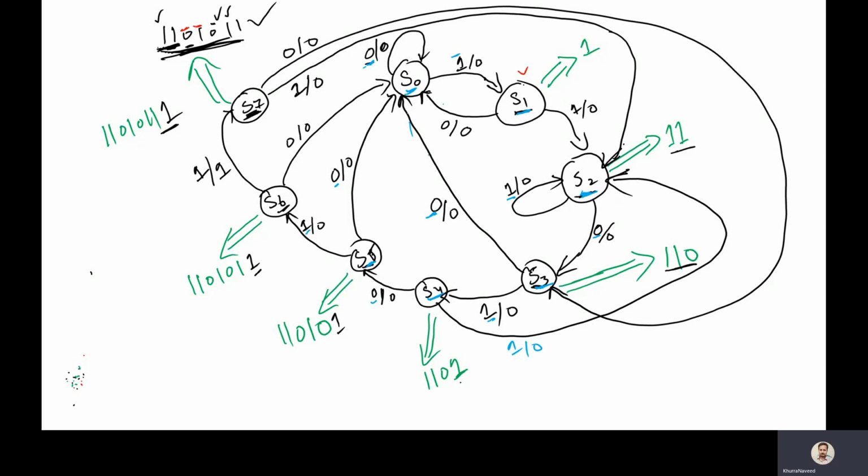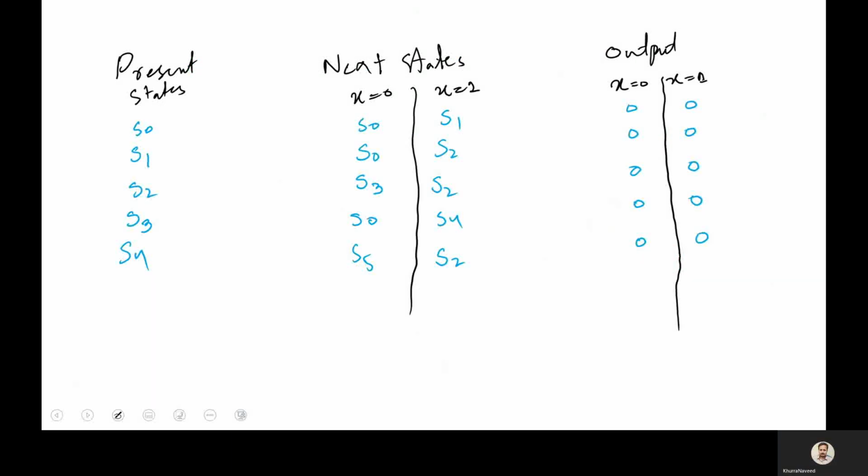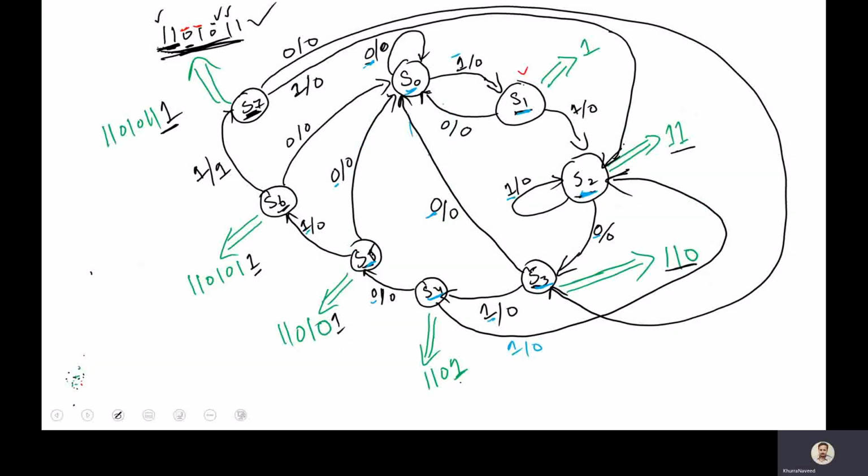So S0 and S6 are the next states in case of input 0, 1. So at S5 present state, next state is S0 in case of input 0, and S6 in case of input 1, and output is 0, 0, right? Okay.